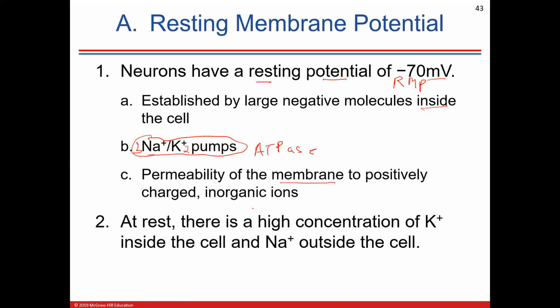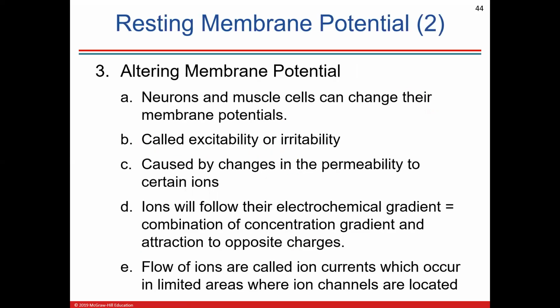And sometimes it's too jumpy. Sometimes it's too permeable to sodium, and you get an inappropriate depolarization or threshold action potential. So I think you know this. Potassium, that cation, is in high concentration inside the cell. Sodium is outside the cell. This all should sound familiar.